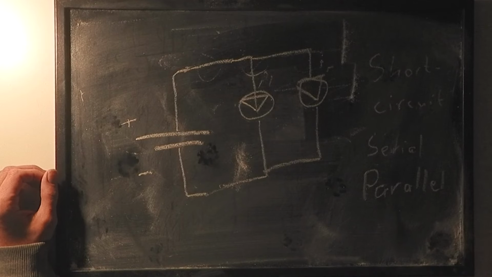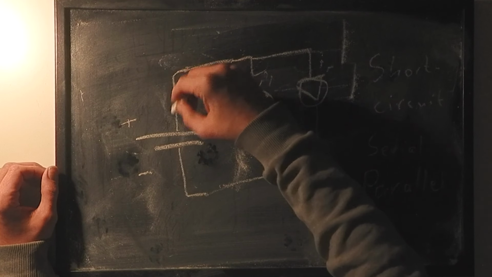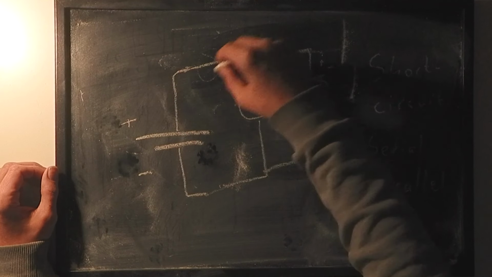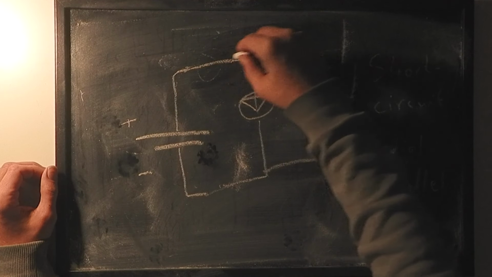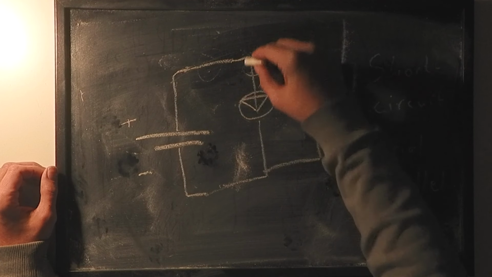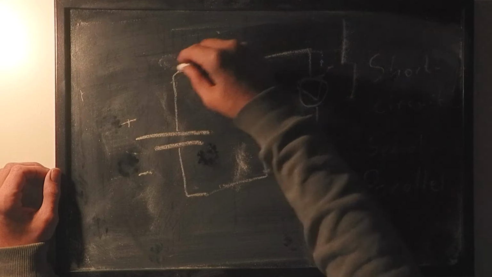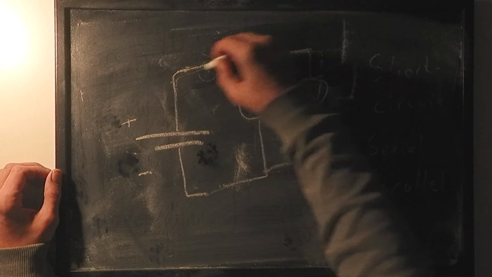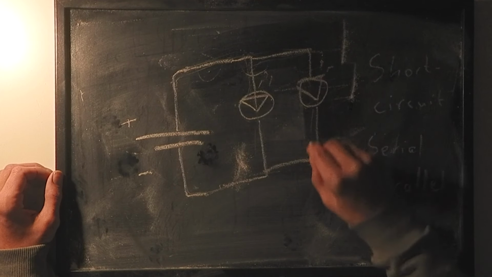And why does it behave like this? Well, this is because the electricity will always try to flow through the path of least resistance. But in this case, we have two possible ways for the circuit to go full circle, so to speak. It can go this way, and it can go like this.